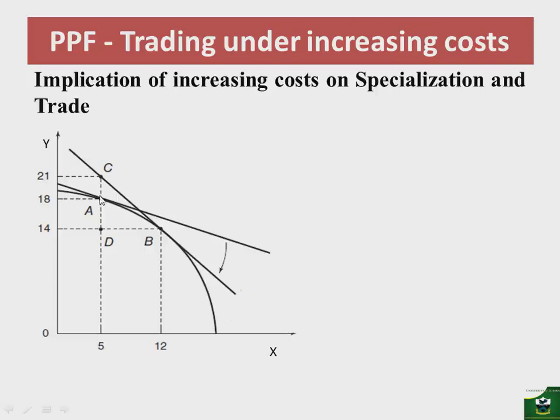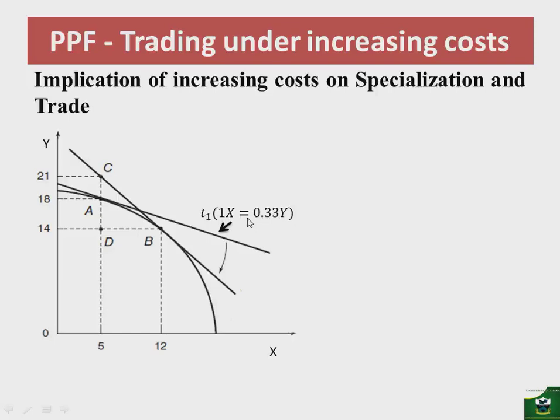That means in autarky, nation 1 is also consuming 5 of X and 18 of Y. Now from here, we see that the slope of the curve at point A is 0.33, which means that the opportunity cost of producing an additional unit of X is 0.33Y.